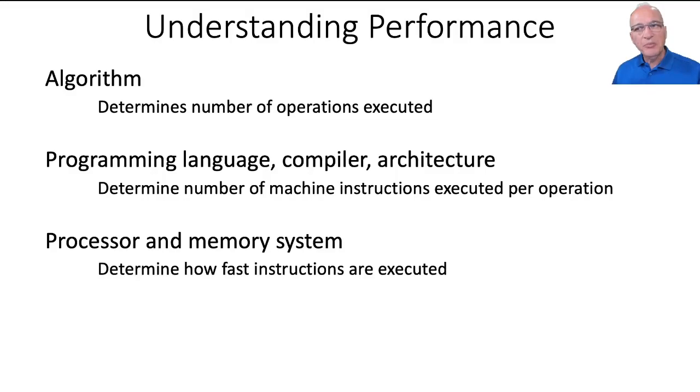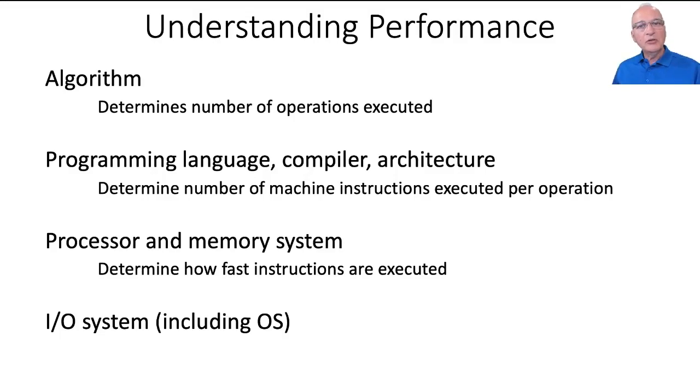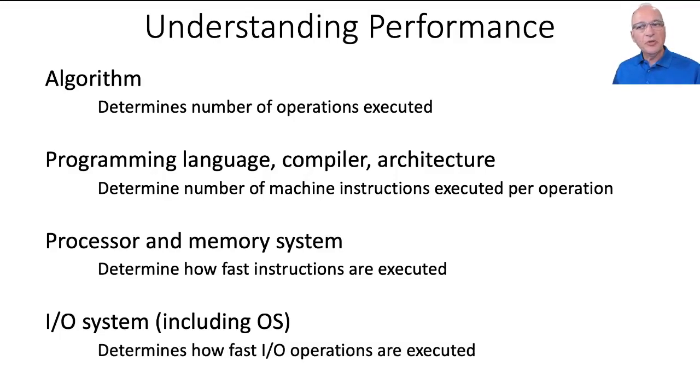So the processor and the memory system will together determine how fast the instructions can be executed. And the input-output system, including the operating system, will determine how fast input and output operations are executed. So combined, these different factors influence performance.